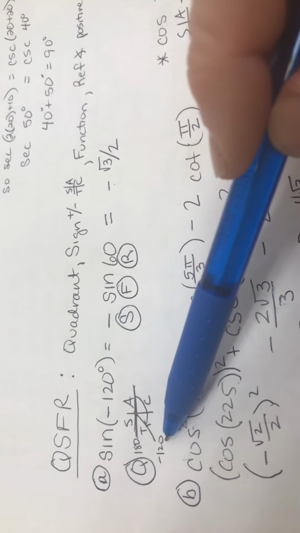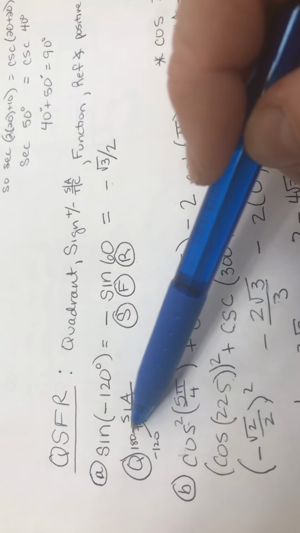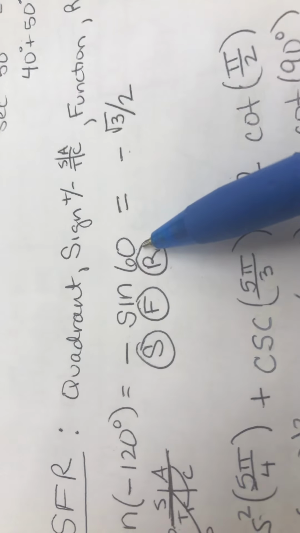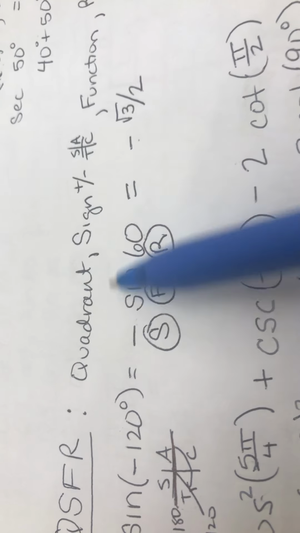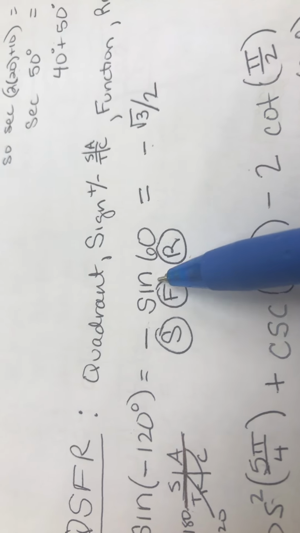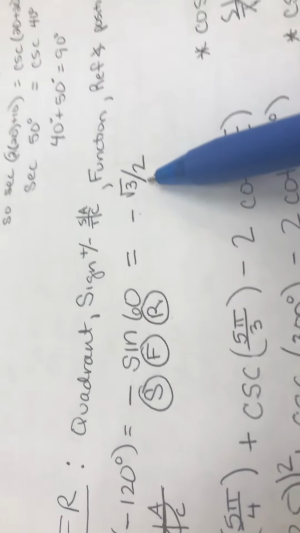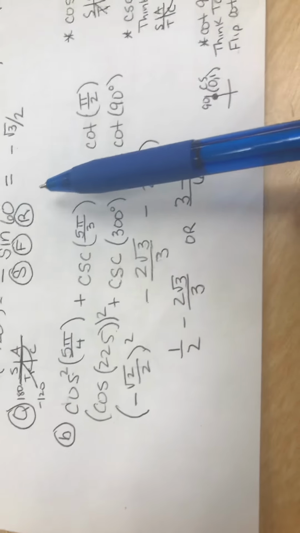It's 120 from 180. The difference there is 60. So it's a negative sine 60. Okay? In your work, you've got to show this step. All right? Then from here, the negative carries over, and then in your chart, sine 60 is root 3 over 2. Okay? So that's a pretty simple one.